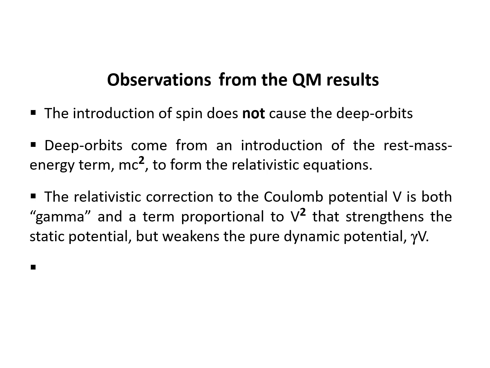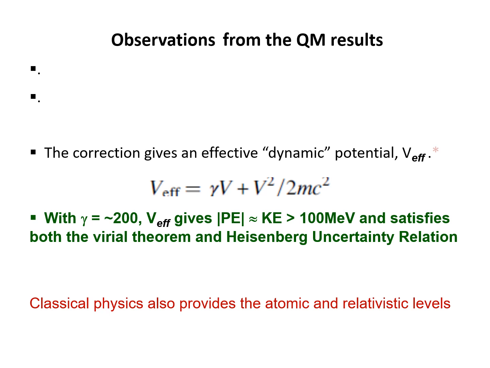The relativistic correction to the Coulomb potential is both from gamma and a term proportional to v squared that strengthens the static potential but weakens the pure dynamic potential. The relativistic correction gives an effective dynamic potential.